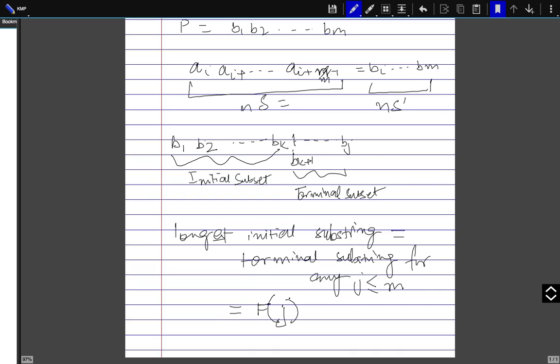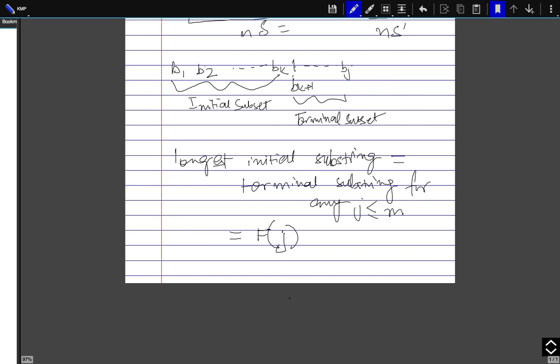We say f of j is b1 to bk if there is a proper substring which is both initial and terminal where k is less than j, or it might be so that there is no initial and terminal substring. I mean, there is no match, so in that case it will be 0. That's a possibility as well. So from here you can guess that it's not like we can throw away the brute force algorithm.